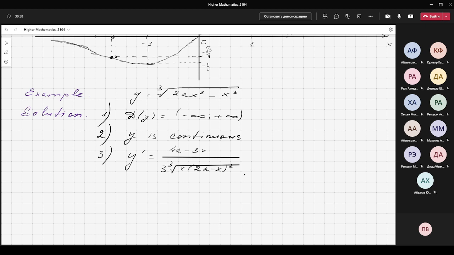Okay. There is a derivative everywhere except for the points x first is 0 and x second is 2a.